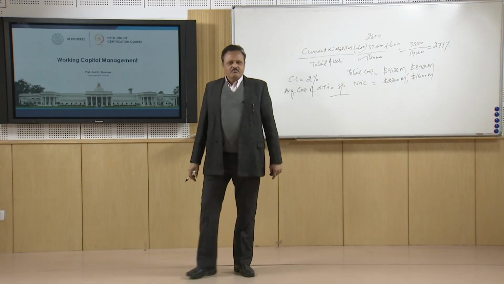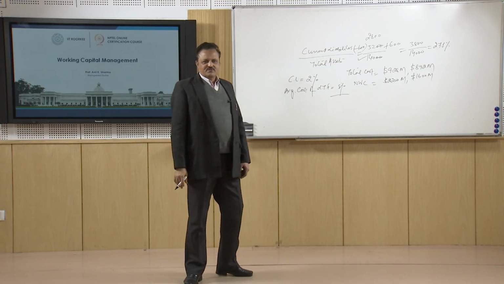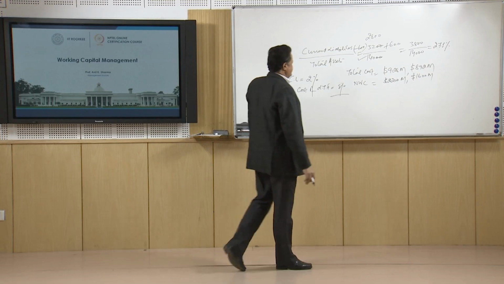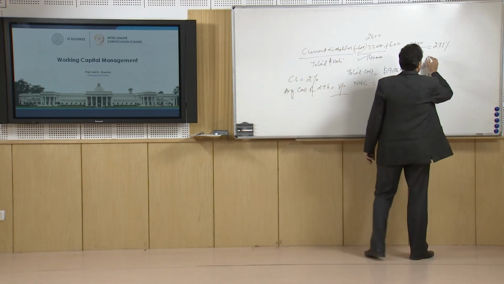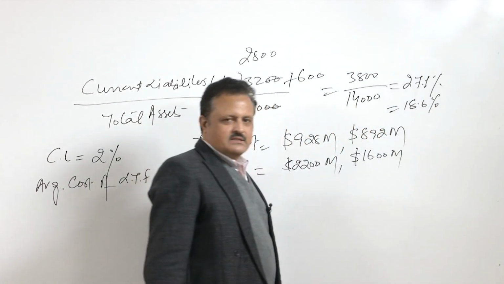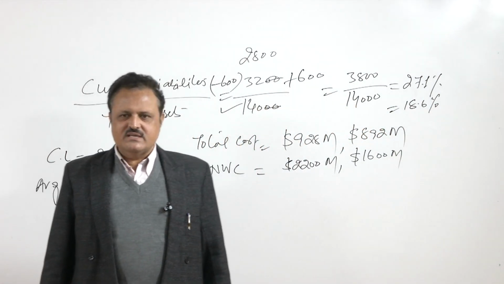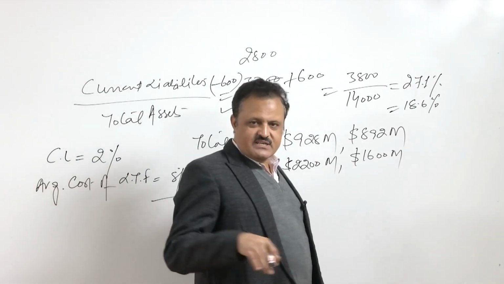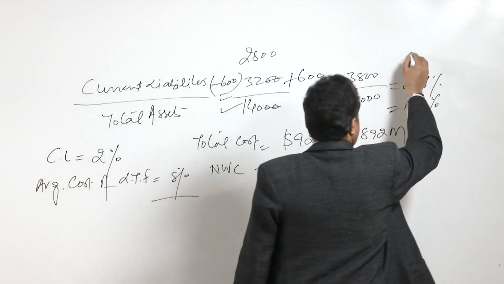If you have brought it down to 2,800, it means now the ratio is 18.6%. Earlier, the original ratio was how much? 22.9%.